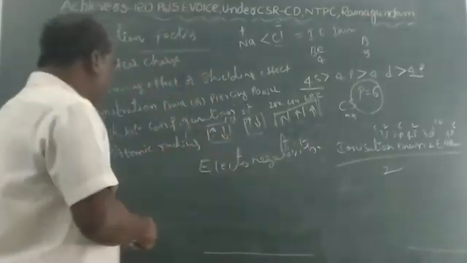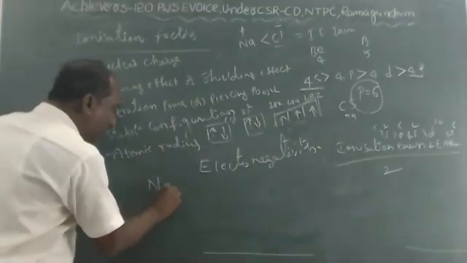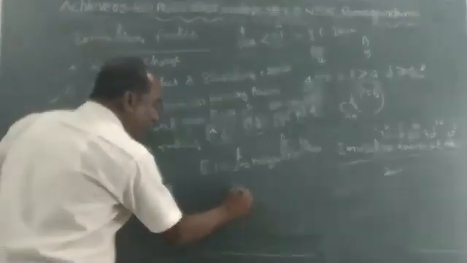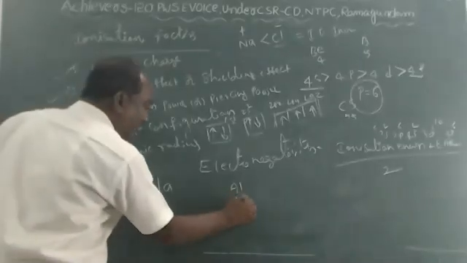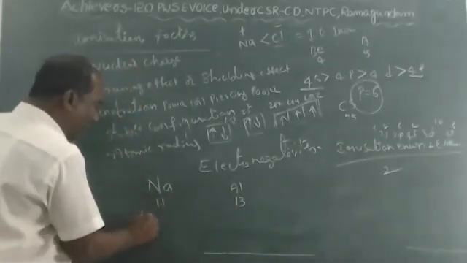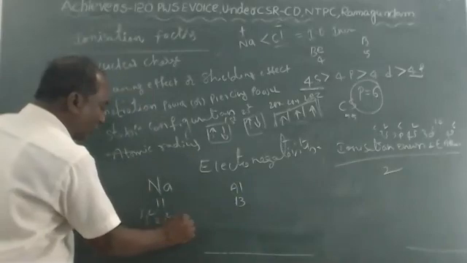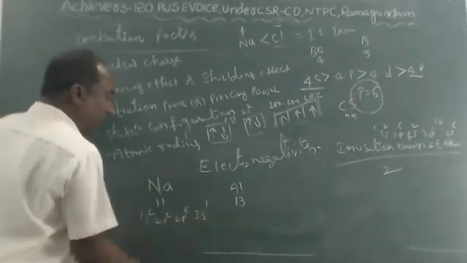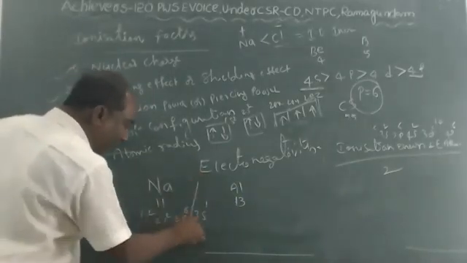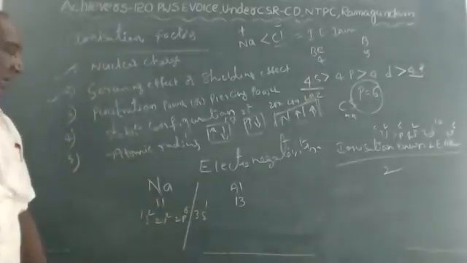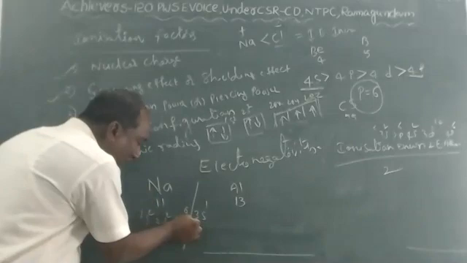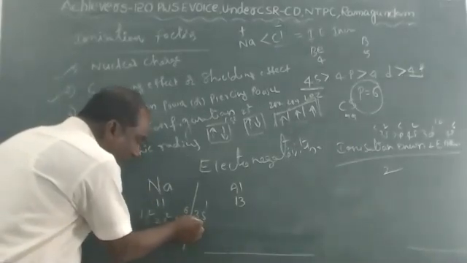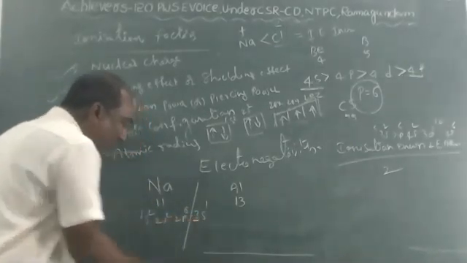Already I told you how to identify the period and group of the elements. For example, sodium and aluminum, children. Sodium's atomic number is 11, aluminum's is 13. Electron configuration of sodium: 1s2, 2s2, 2p6 and 3s1. Let me check the outermost shell. Here, in sodium, this number 3 is called the principal quantum number.